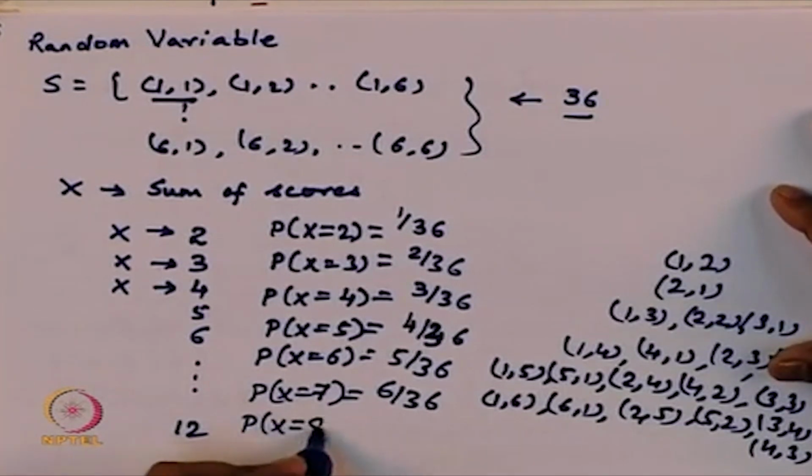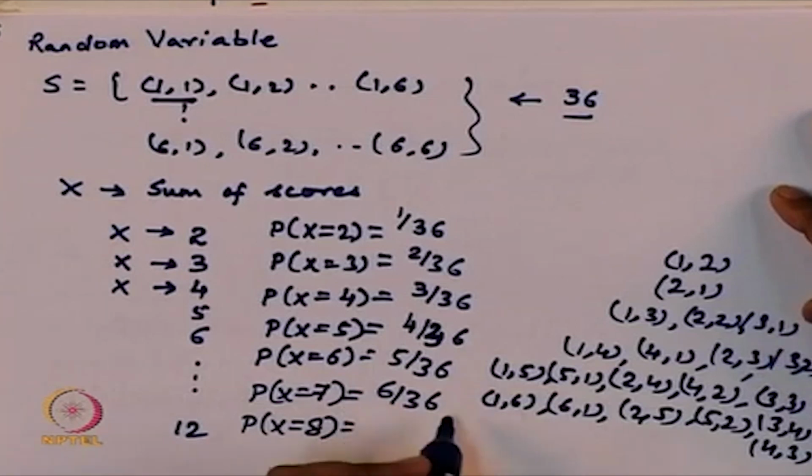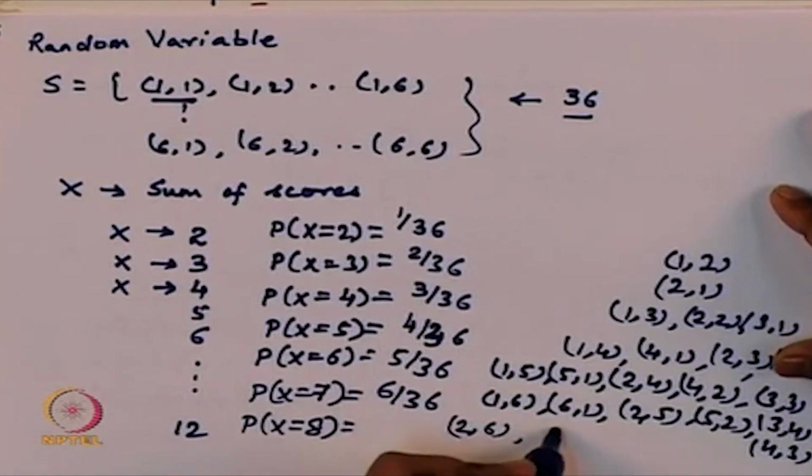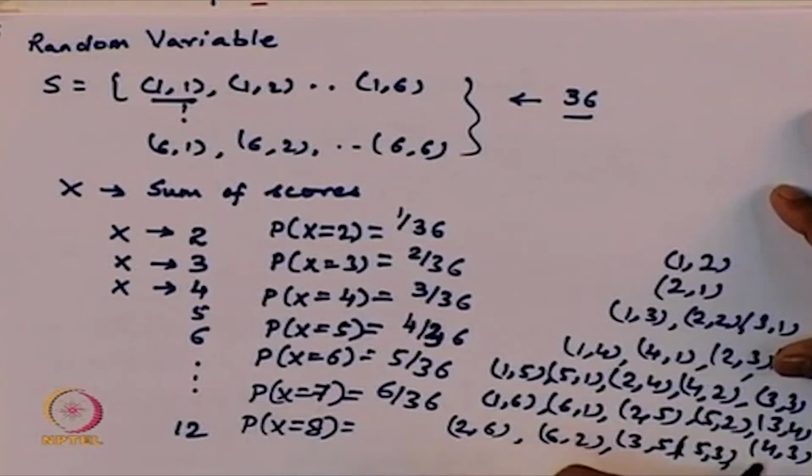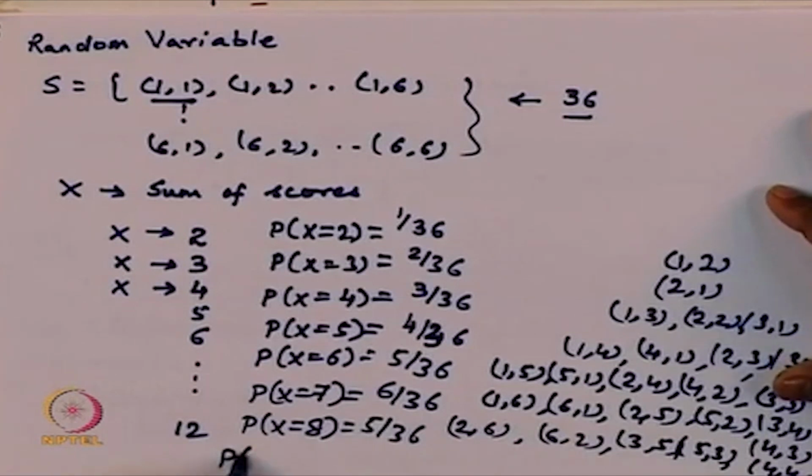Probability of x equal to 8, I have 2 6, 6 2, 3 5, 5 3, 4 4, equal to 5 by 36. Probability of x equal to 9, how will I get 9?